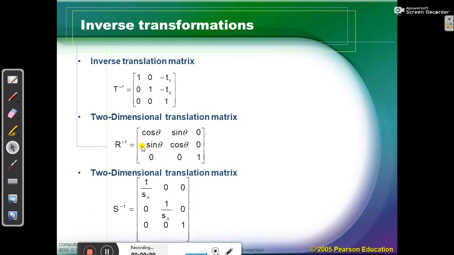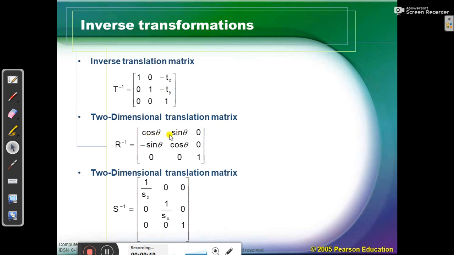Here it is different because sine of minus theta is minus sine theta, and cos of minus theta is plus cos theta.